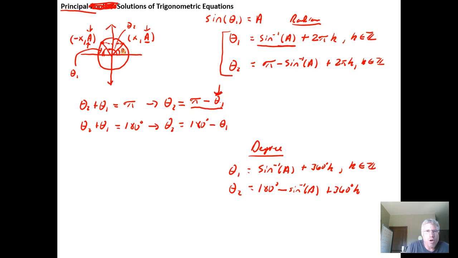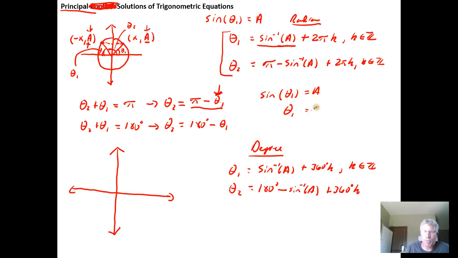And I did a quadrant 1 example for theta 1, but we'll get supplements even if we're in quadrant 2. So for example, if you do sine of theta 1 equals a, and then you solve, theta 1 equals sine inverse of a, and this angle theta 1, we know it's on the interval from negative pi over 2 to pi over 2, so it could be the case that theta 1 is sitting down here in quadrant 4.